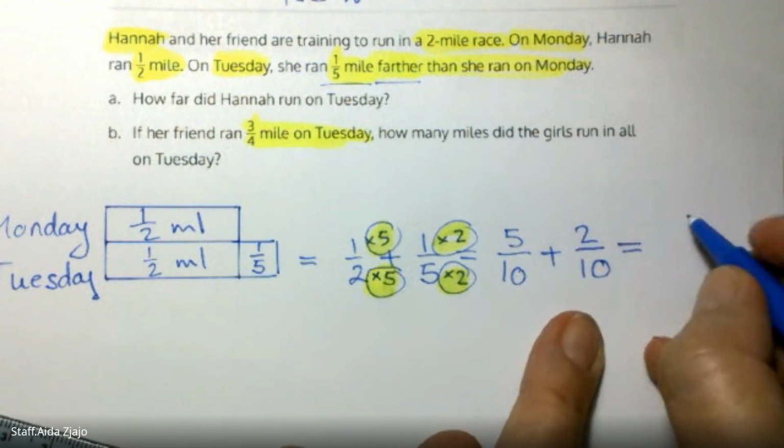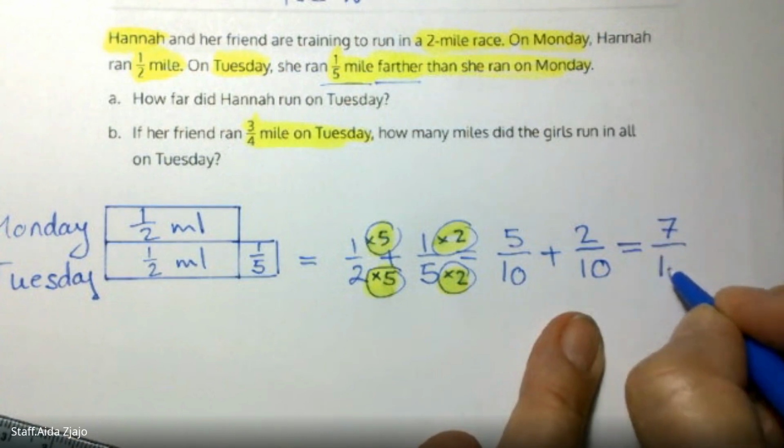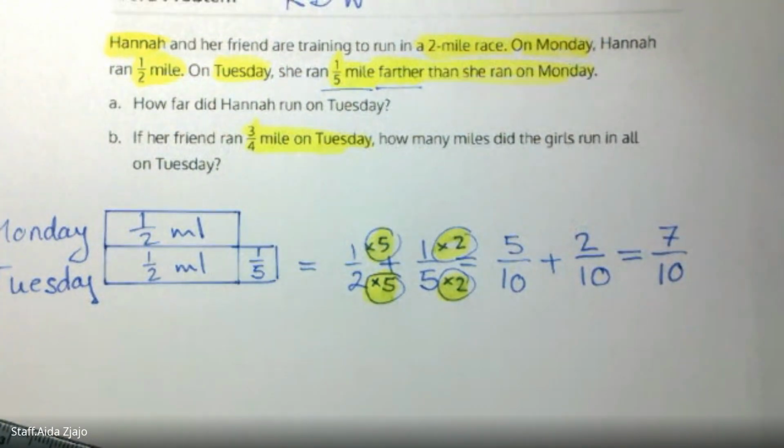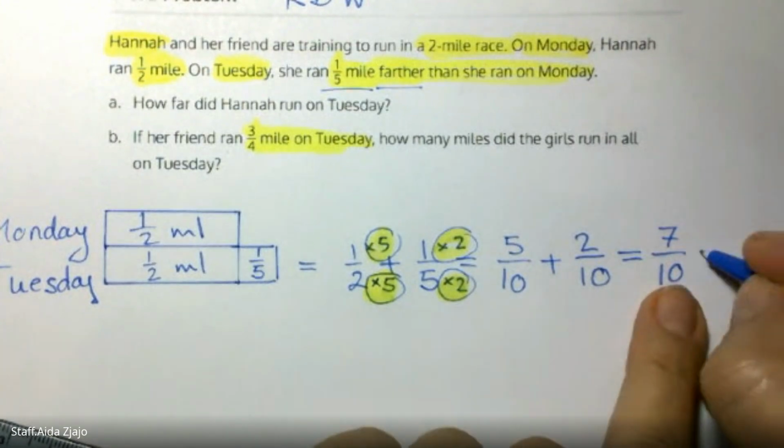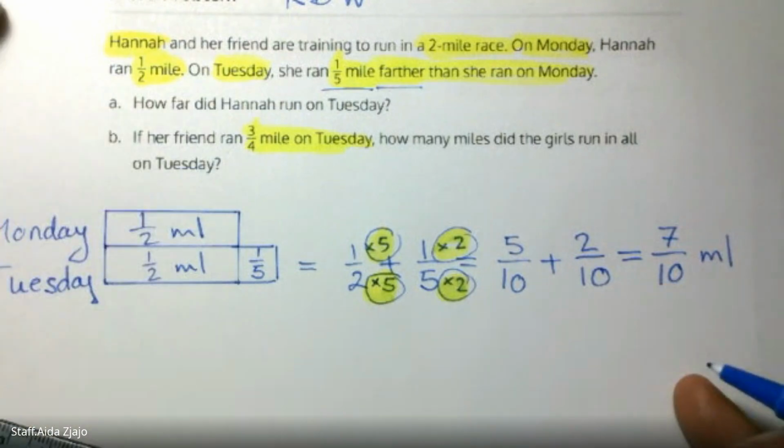So on Tuesday she did 7/10. How far did Hannah run on Tuesday? She ran 7/10 of a mile on Tuesday.